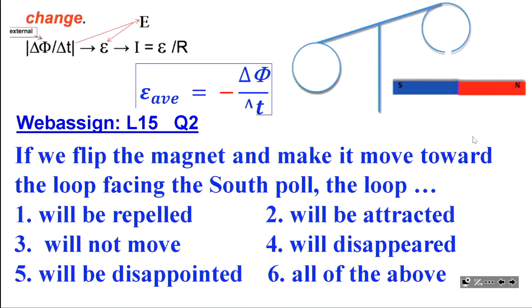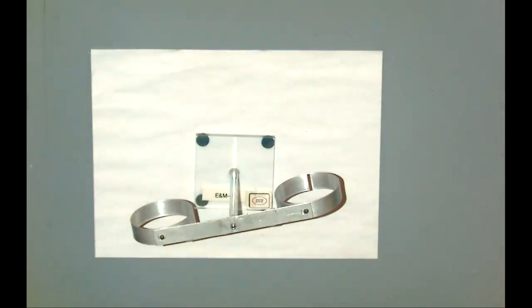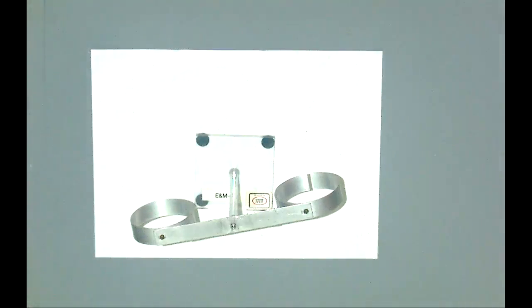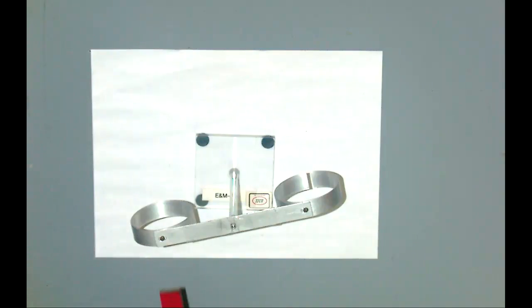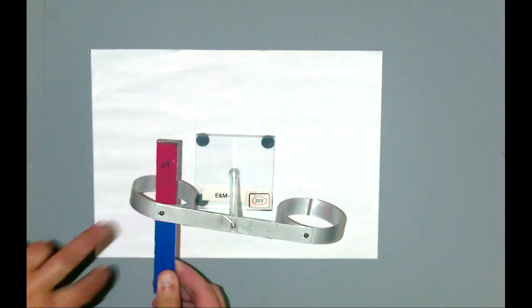And I'm going to switch to camera again to take a look at the actual experiment. So again, the original experiment with the North Pole approaching the loop. Repulsion, it repels it.